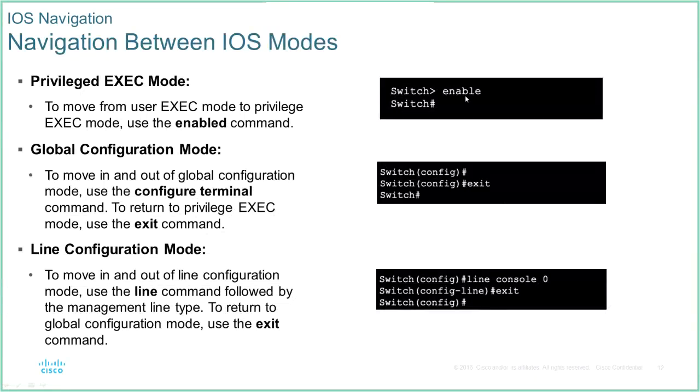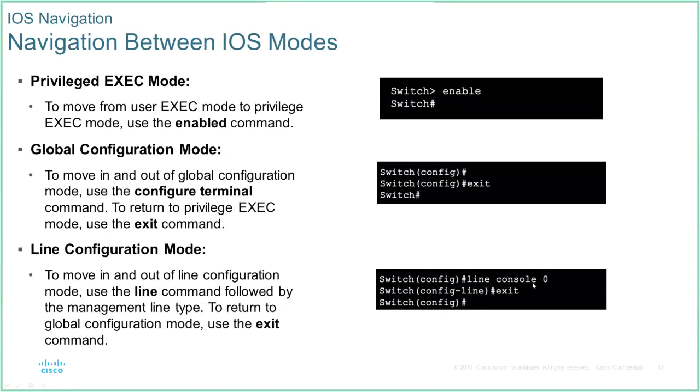So after changing modes in the privileged mode, to go into global config, we type in configure terminal, and that gives us that one. And the line commands are accessed via line and then the port number.